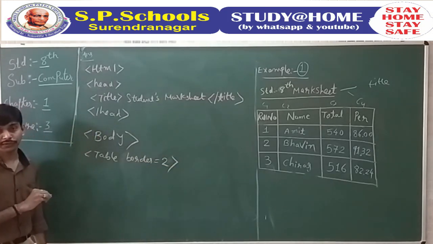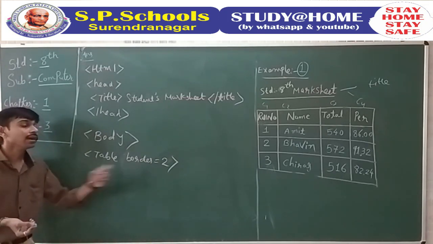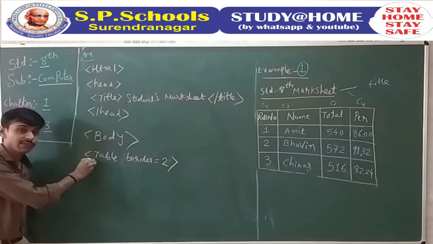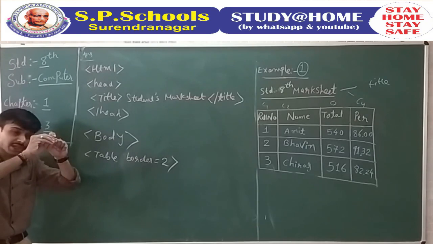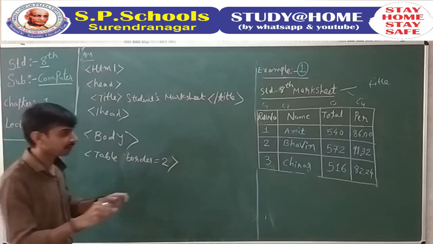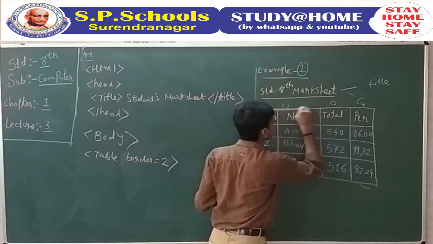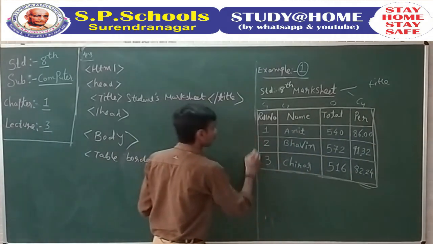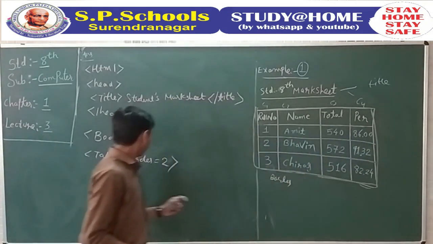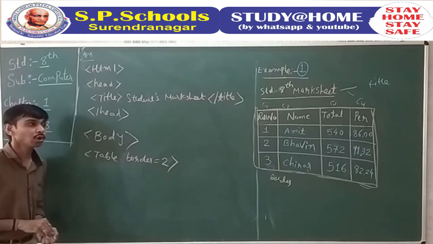For different table elements, we can write different attributes. For example, we want to give a border with a thickness of size 2 to our table. As we know, this table is surrounded by a border. This is the border. So I am writing here table border is equal to 2.